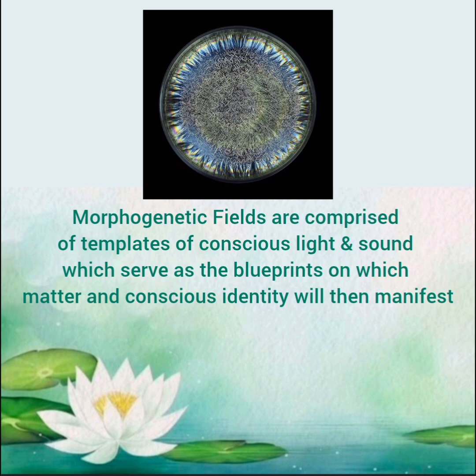The morphogenetic field is the template of creation upon which matter, events, and everything is going to manifest. For manifesting any matter, we require that template, and that template is the morphogenetic field.